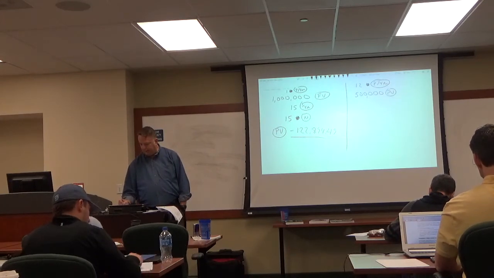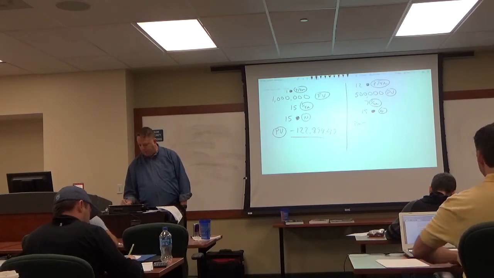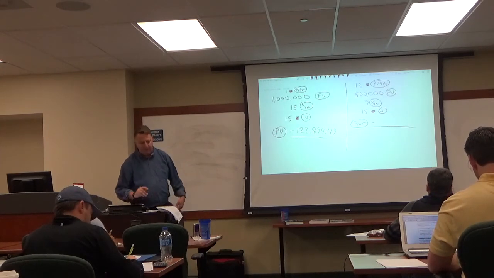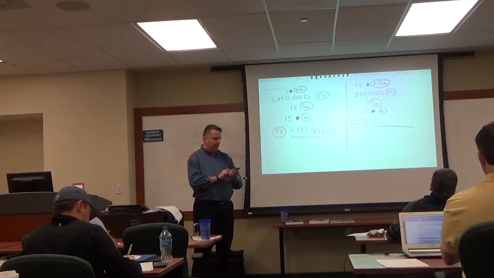Our interest rate is going to be 7%, and our term is going to be 15 years. What we want to know is what payment we would have to make in order to satisfy that particular loan.